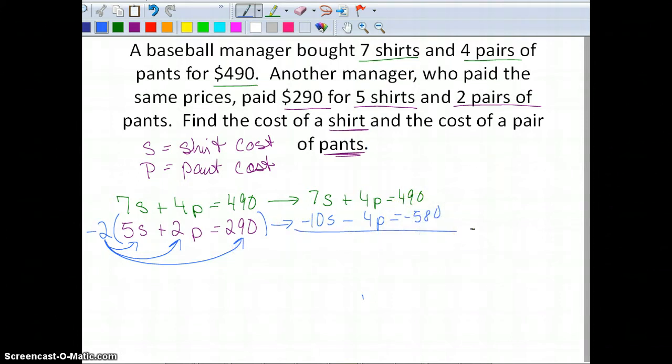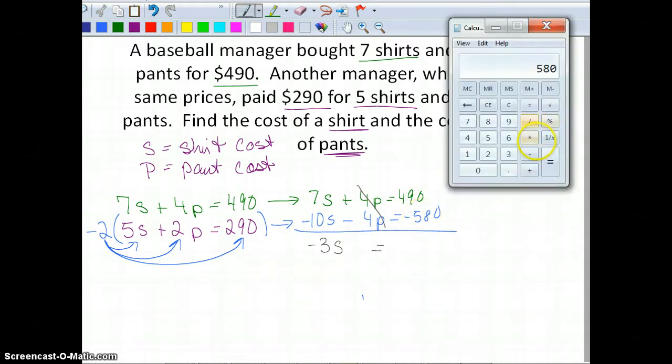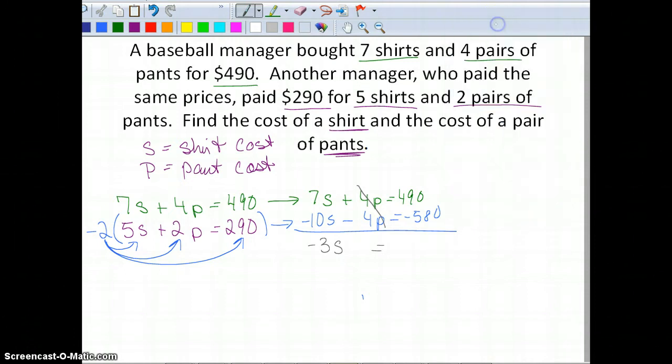Now I'm going to go through and combine all my terms. 7S minus 10S gives me a negative 3S. Positive 4P minus 4P adds up to 0. And 490 minus 580 gives me a negative 90.